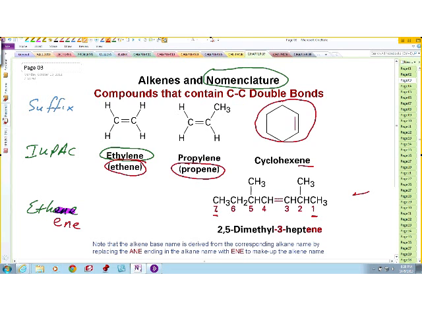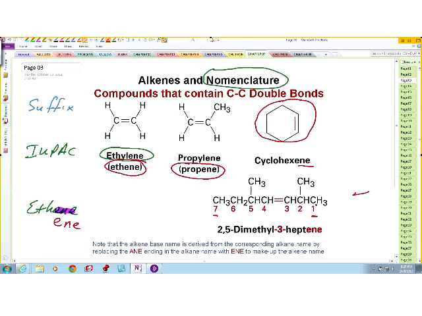And then we look for the branches or the substituents. Keep in mind when you number the longest carbon chain, you give the numbers such that the carbon-carbon double bond will be given the lowest possible number. That is also important.